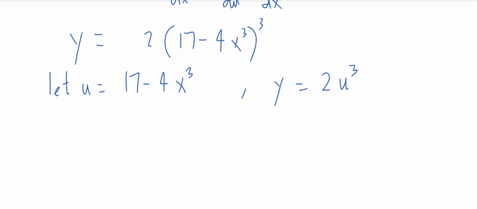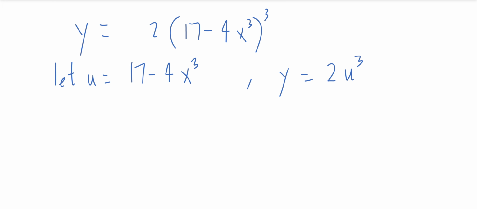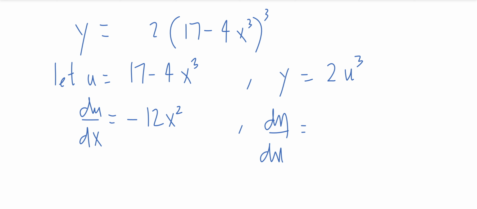Then what you have to do is differentiate both of those expressions. So if u equals 17 minus 4x cubed, then du by dx equals minus 12x squared, and dy by du equals 6u squared.